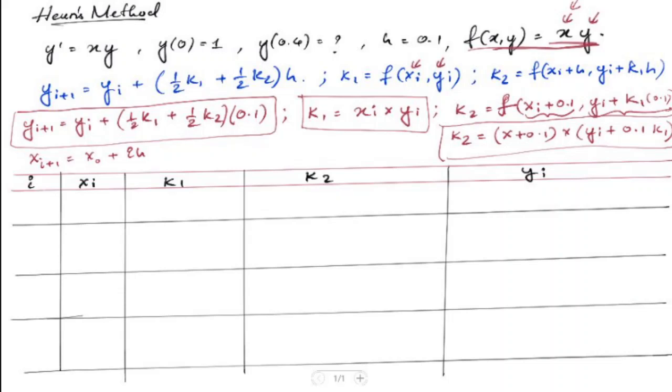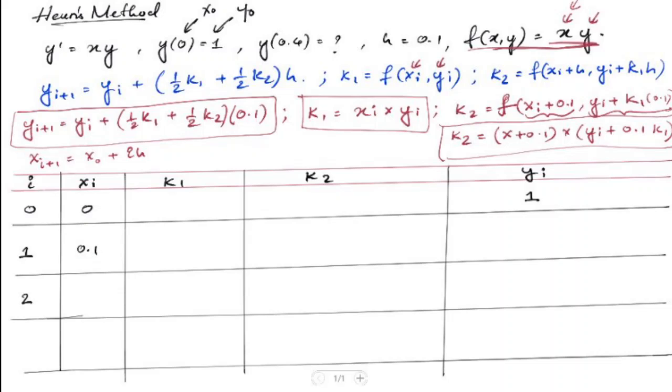For i equal to 0, this is x0 and this one is y0. So x0 is 0 and y0 is 1. Now when i is equal to 1, for x1 the value will be x0, which is 0, plus 1 times h, 1 times 0.1, which is 0.1.